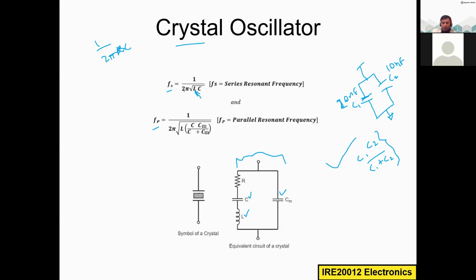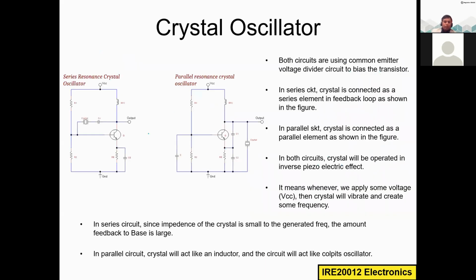We already know what the series resonance frequency is based on the equivalent circuit, and what the parallel resonance frequency is based on this equivalent circuit. Now I am going to use the series resonant frequency effect of this crystal. I connect this crystal, and it acts as the feedback stage of my oscillator, that is the crystal oscillator.